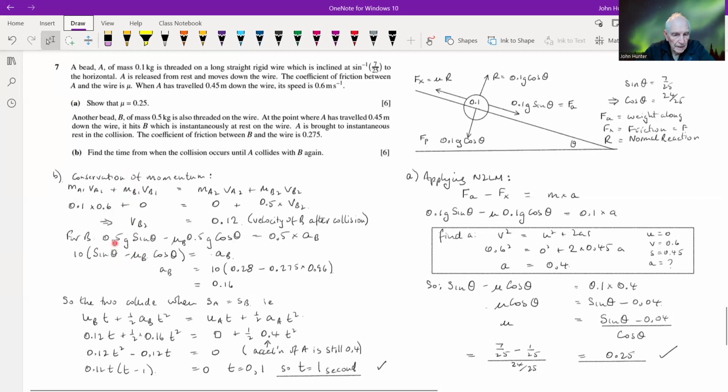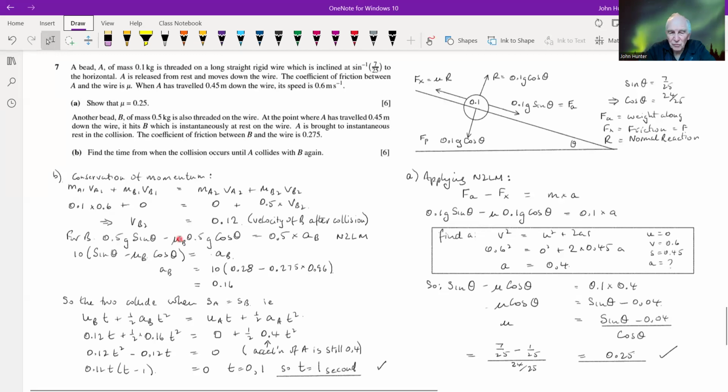So yeah, if we're just looking at Newton's second law of motion, I might just add that into there. So the downward force, which is the resolved part of the weight down the slope, minus the resistive force, which is friction.